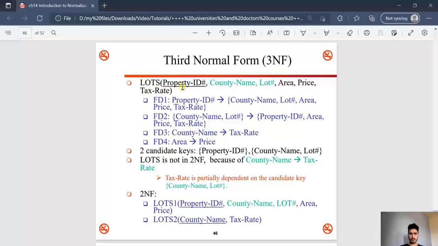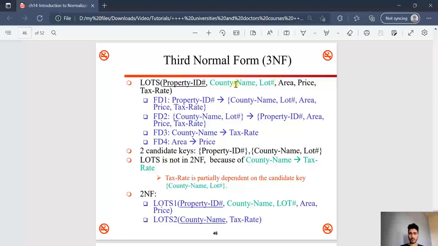So each lot has an ID, property ID. This is used as the primary key, and another candidate key is the county name which this lot belongs to, and the lot number, the number of this lot in this county.